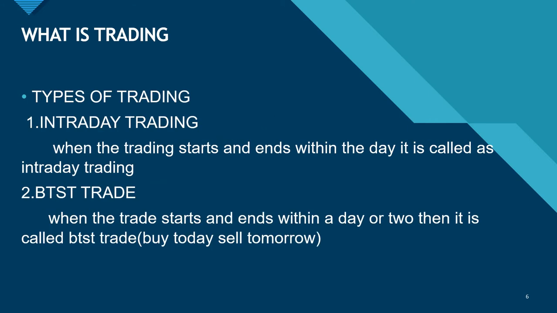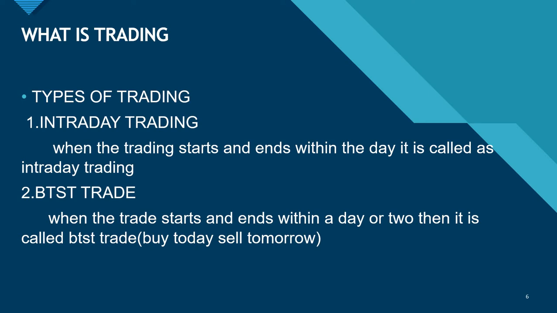And what are the types of trading? There are four types of trading. Number one is intraday trading. Intraday trading is nothing but a trade which happens and ends within the same day. Next is BTST trades. This is nothing but a trade where, if you take a trade today, you close the trade within a day or two.